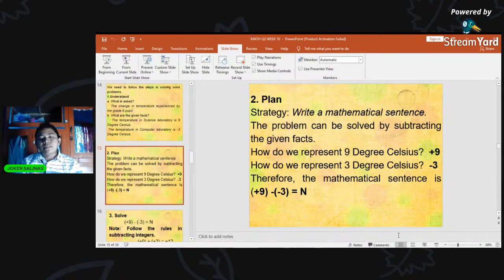We represent it as negative 3. Therefore, the mathematical sentence is positive 9 minus negative 3 is equal to n, in order to get the change in temperature.